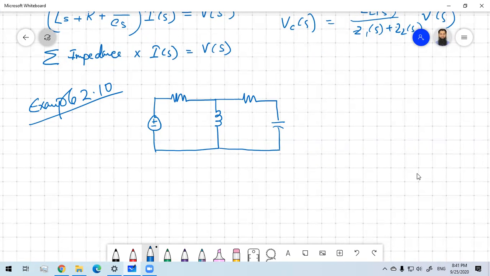Okay, so they have given R1, this is R1, this is R2, this is your L, and this is your C, this is your VC(t), which is your output, and now they have given you the input as well, V(t).